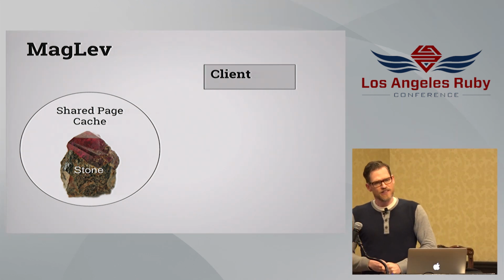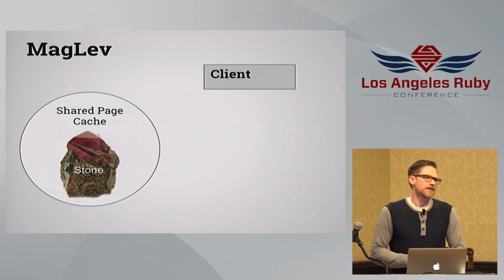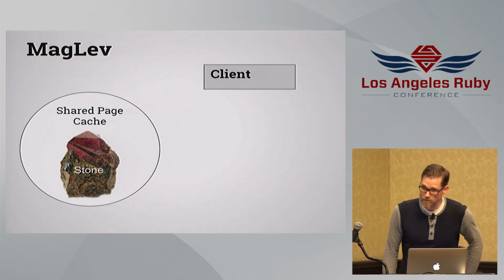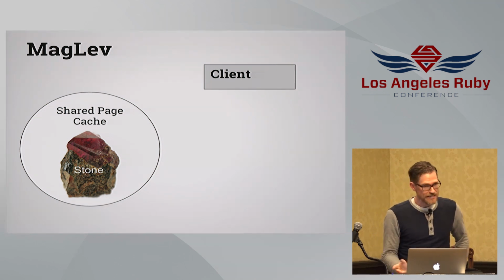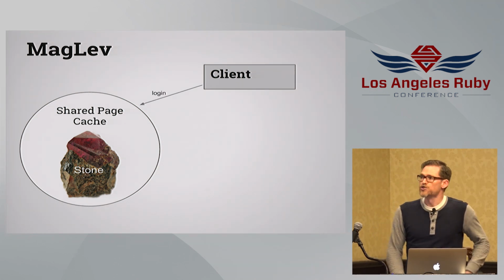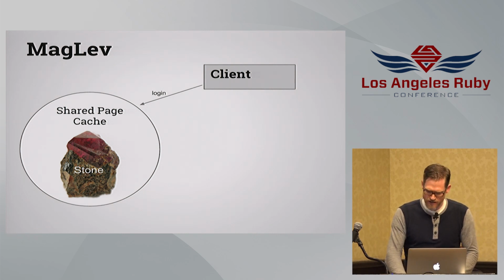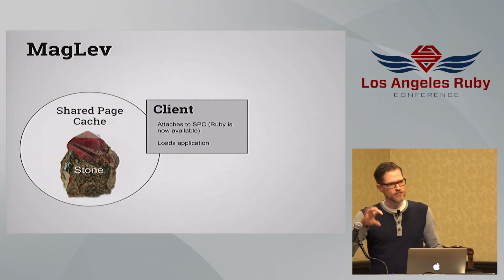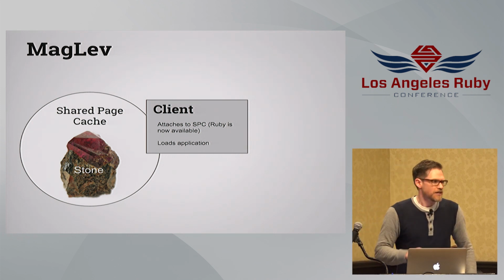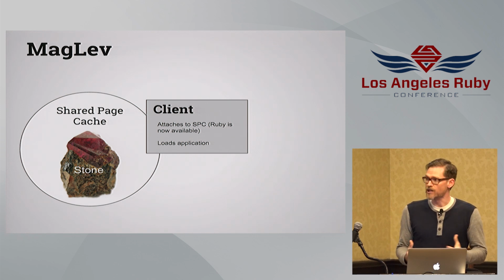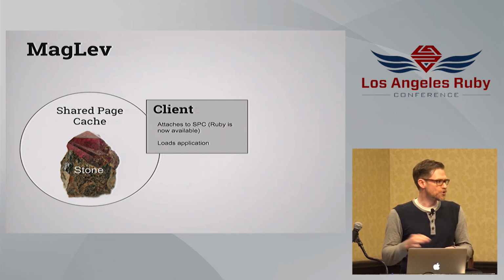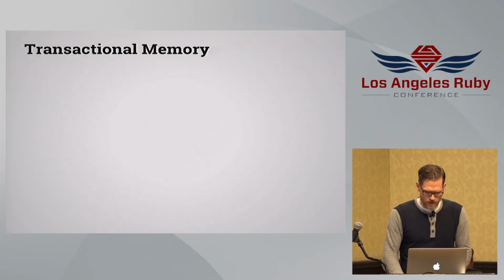Now the interesting thing, and this is one place where MagLev is very different from any other Ruby implementation: as soon as the process spins up, the first thing it has to do is log in. Once it logs in, the client attaches to the shared page cache, which is memory shared amongst all the VMs. So once you've logged in and attached to the shared page cache, Ruby is now available. It's stored in the stone, so as soon as you log in, that becomes available.